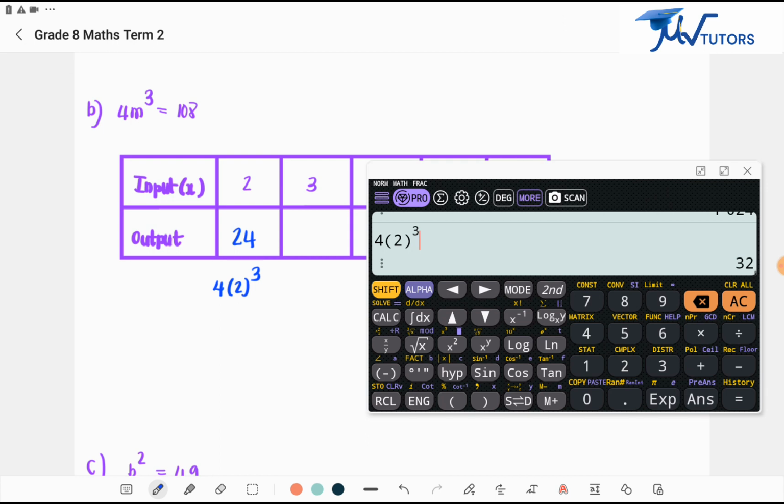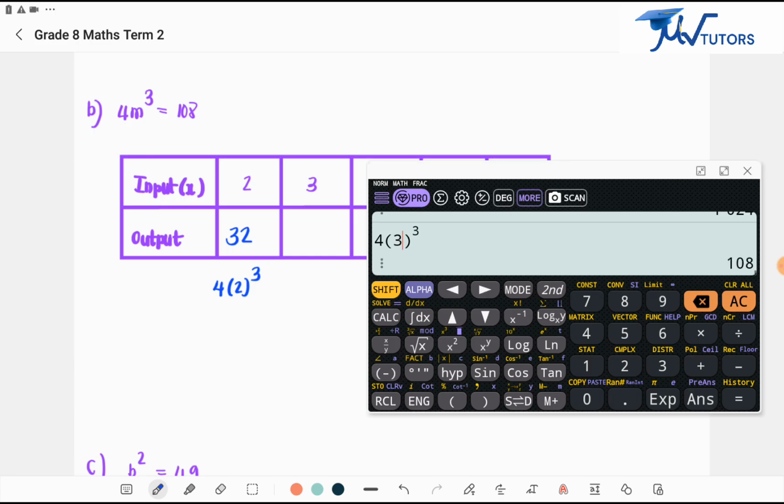Oh my goodness, 2 cubed is 8. 8 times 4, oh my gosh, 8 times 4, not 8 times 3. I made an error there. I'm thinking 8 times 3. 8 times 3 is definitely 24, but 8 times 4 will give you 32. Thank goodness for calculators.